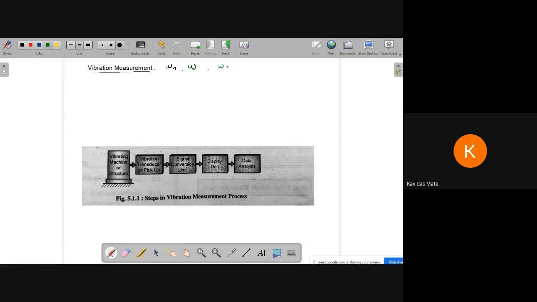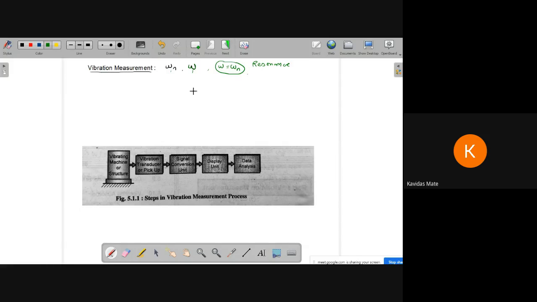When this omega matches with omega n, this being an external thing and this an inherent property of the system, there would be a resonance in the system. Once resonance occurs, there would be a catastrophic failure of the system. So for any system we should know its natural frequency.